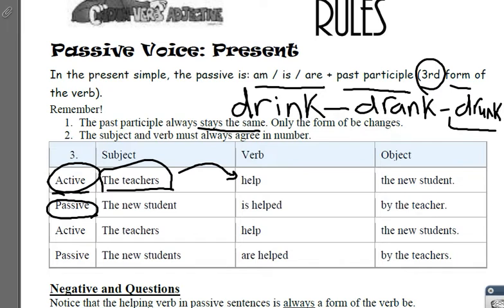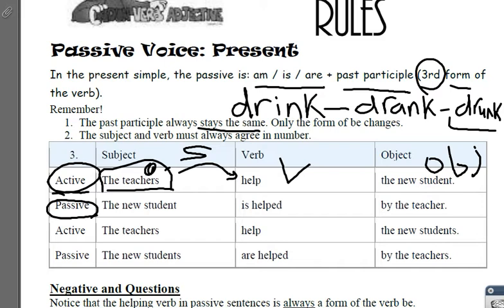Okay? So, the subject is the teachers, the verb is help, and the object is the new student. So this is an active sentence. So what's the meaning of an active sentence again? An active sentence is a sentence in which we know who does the verb, which is the subject.